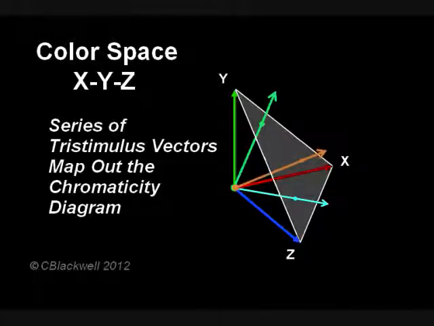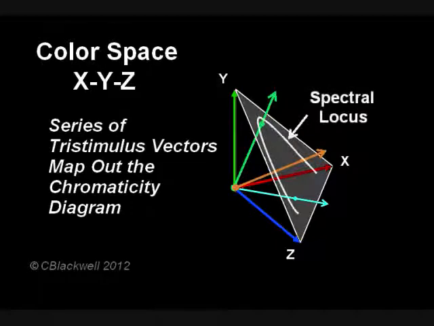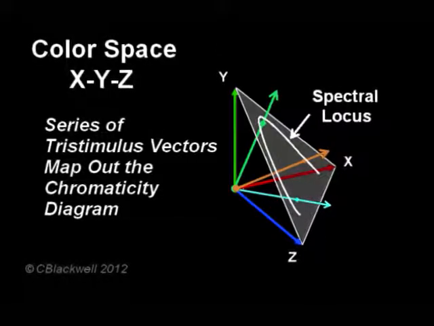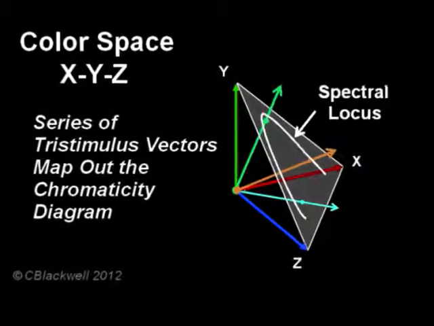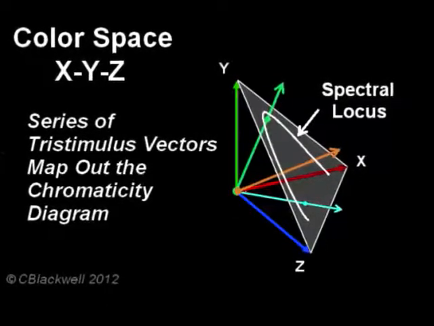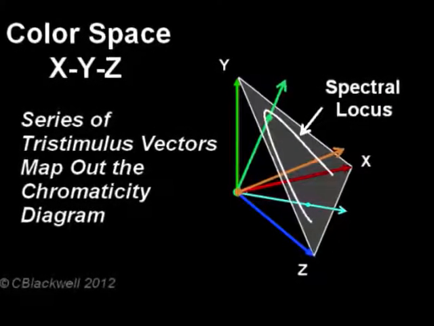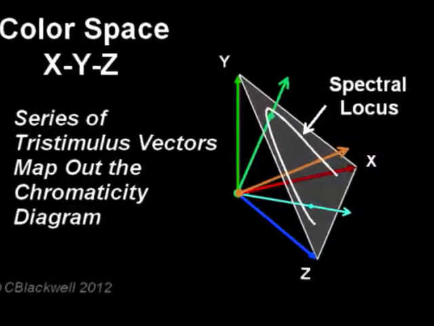As you plot all the vectors corresponding to the spectral color matches, that traces out a line called the spectral locus. In other words, that line corresponds to the colors of the spectrum mapped onto our two-dimensional color diagram. Contained within this border is the full gamut of colors we are capable of seeing. This color map is called the chromaticity diagram.